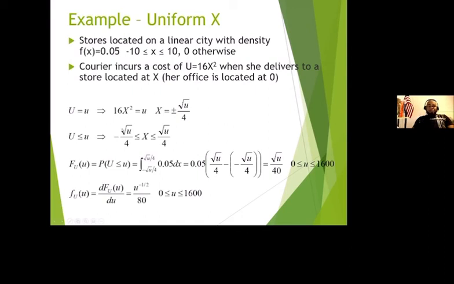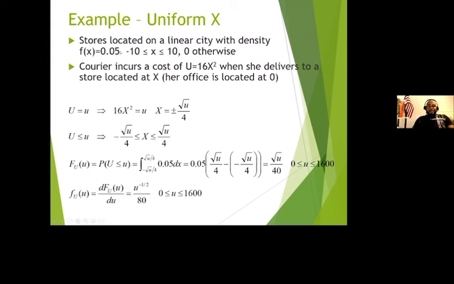Now, the moment I have the range of x, then I'm set to obtain the probability associated with this. The probability associated with this is the CDF that I talked about. So all I'm going to do is come back here. You're going to see that there's no x here, right?